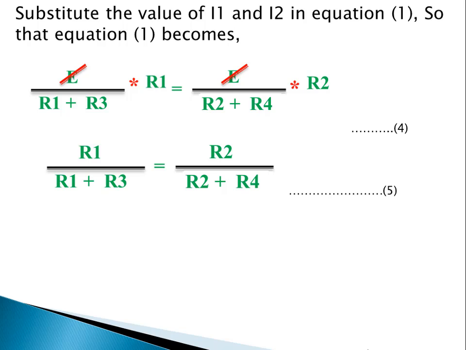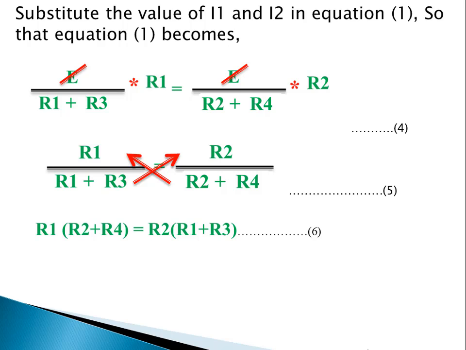Now take the R1 plus R3 term to the right hand side and the R2 plus R4 term to the left hand side, so that I can rewrite the equation as R1 into (R2 plus R4) is equal to R2 into (R1 plus R3).